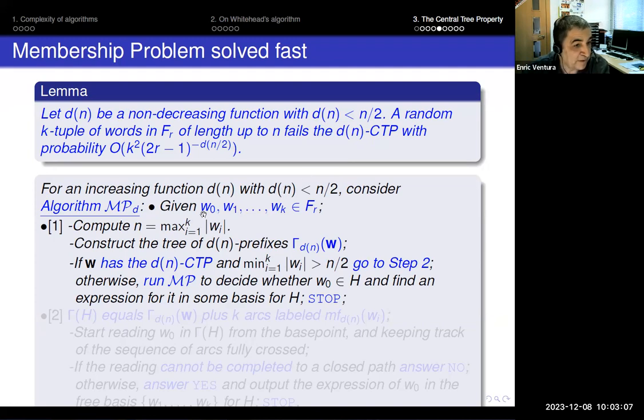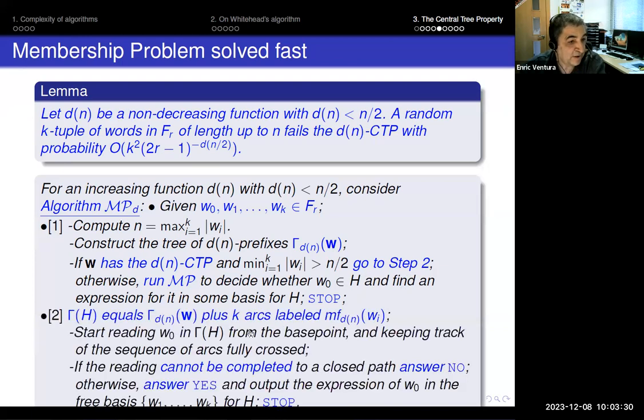Given a tuple of words, compute the maximal length, construct the tree of prefixes, and check whether your tuple satisfies the central tree property. If not, which is going to happen with very low probability, run the standard membership problem. And if yes, go to step 2, which is essentially doing the same thing, but without having computed the full Stallings graph. You just have the tree of prefixes, and you have the middle segments.